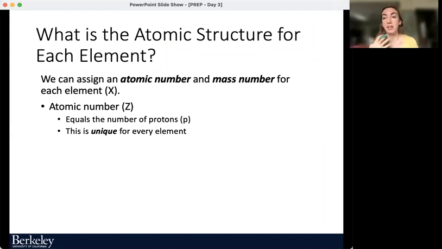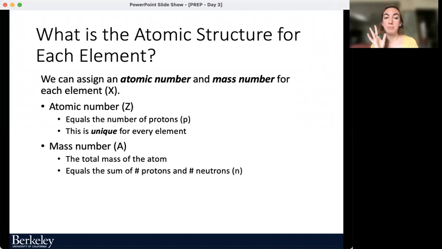For example, hydrogen has 1 proton, so it has an atomic number of 1. But if I change the number of protons and say now I have 2 protons, I don't have hydrogen anymore. Now I have helium. If I tell you I have hydrogen, you know that I have 1 proton. And if I tell you that I have 1 proton, you know that it's hydrogen. Those two things are directly connected. You can't change one without changing the other.